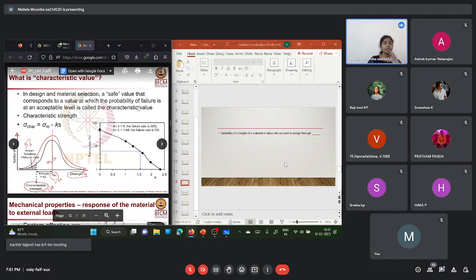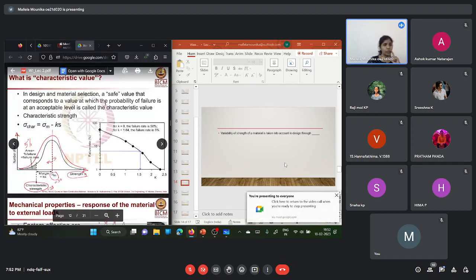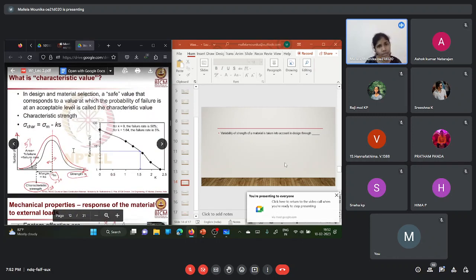If there is a 50% chance that the material will fail, we cannot go for that material. So what we do is, when the material has only a 5% chance of failure, then we can take that as the characteristic strength.